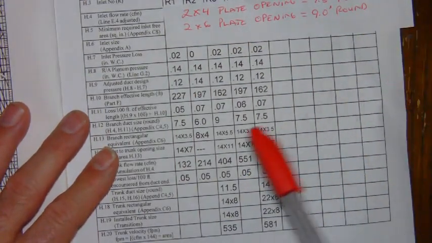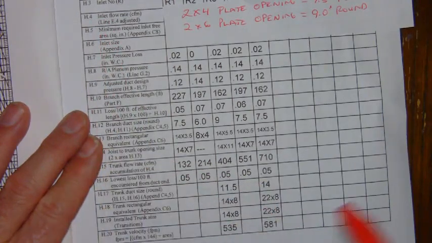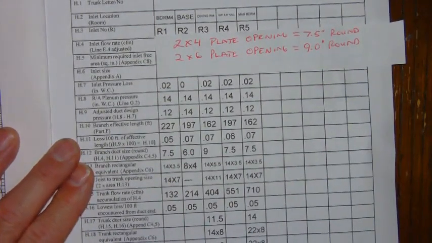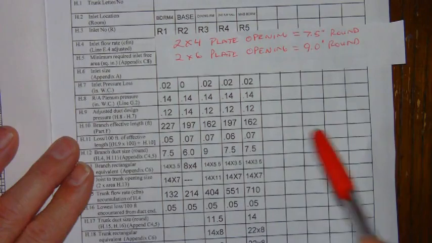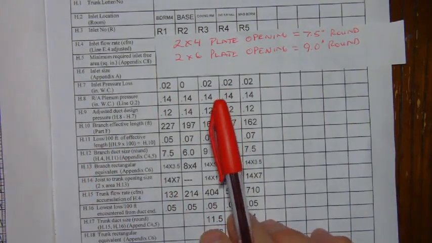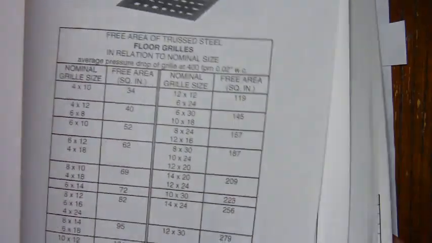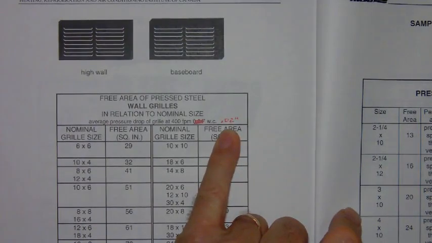Moving ahead, rows H4, H5, and H6, we can't actually fill them in yet because we need to do some additional calculation. The inlet pressure loss is determined from your grill manufacturer, and in the case of our grills, we have a pressure drop of 0.02.